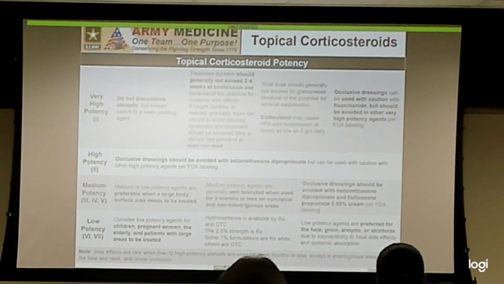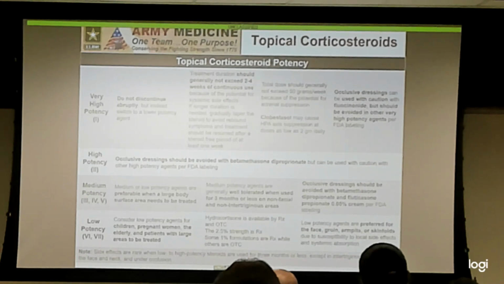Those are the medications that we should be using, preferred for the face and the groin area because the skin there is a little bit more sensitive. Our armpits and our skin folds, because again, those are more sensitive areas. So that's why, and the ability for us to absorb them more and cause more systemic reactions is higher.